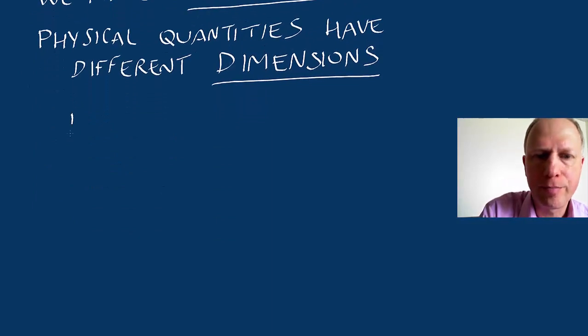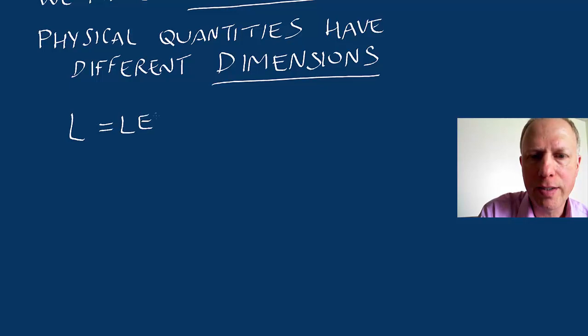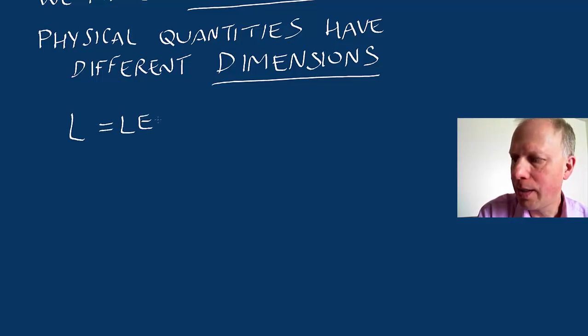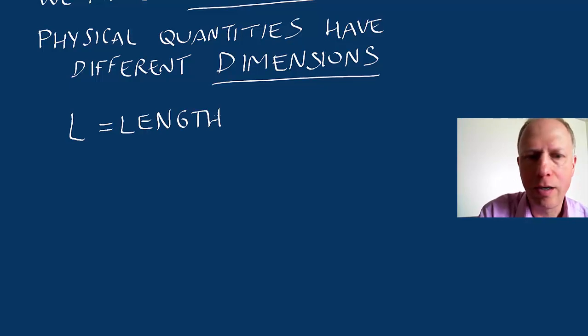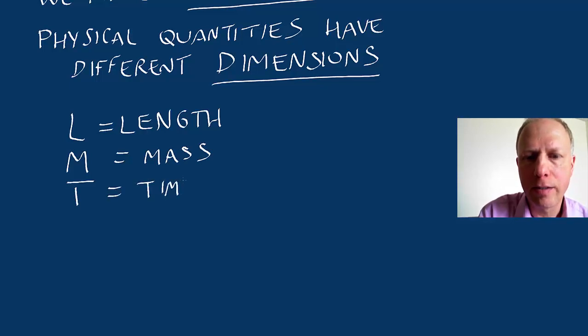For example, the basic quantities that we can measure in mechanics are length, mass, and time.